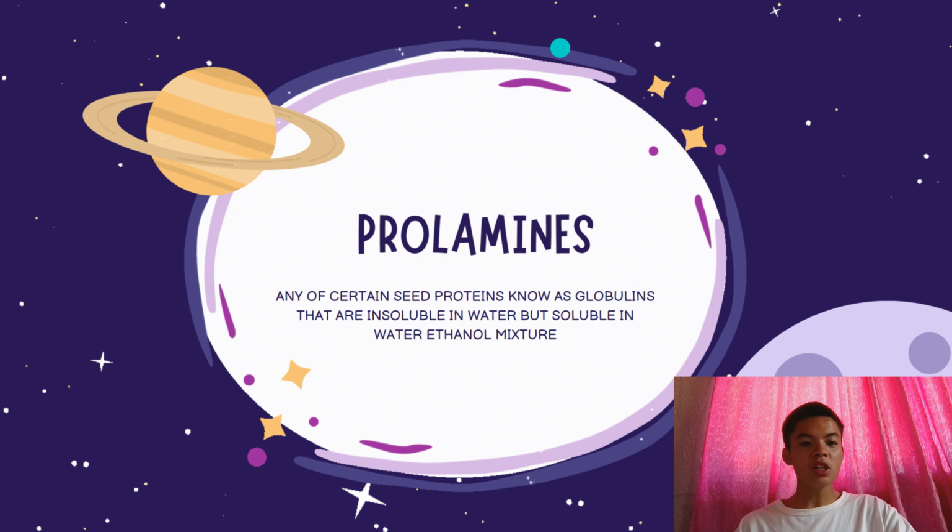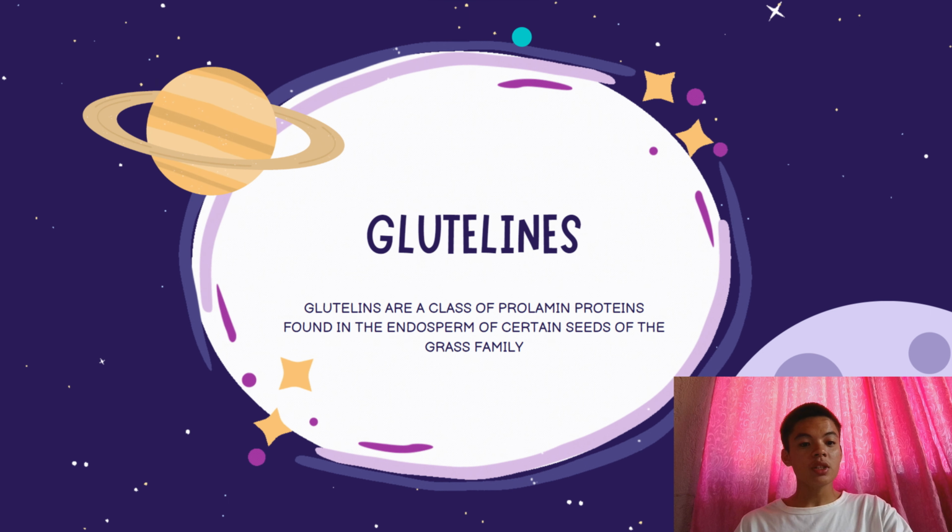Prolamine. Any of certain seed proteins known as globulins that are insoluble in water but soluble in water and alcohol mixture. Glutelin. Glutelin is a class of prolamine protein found in the endosperm of certain seeds in the grass family.